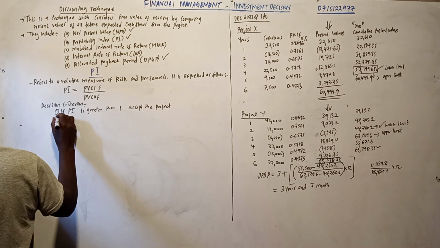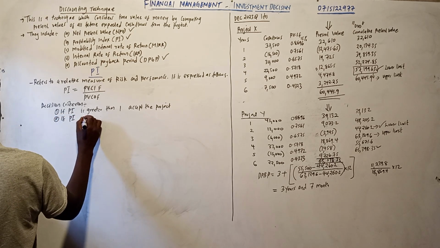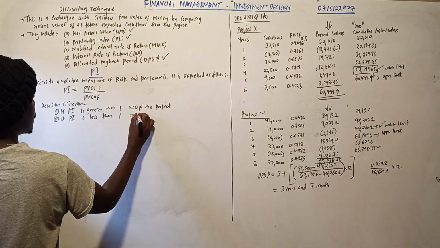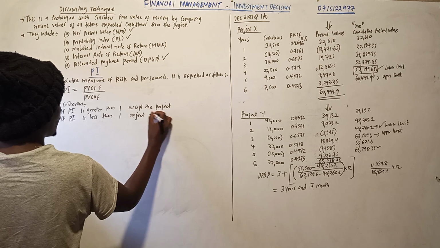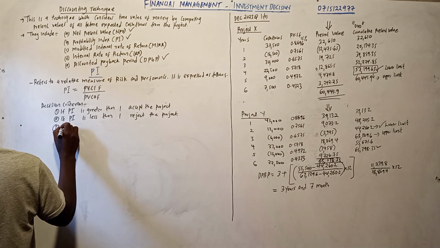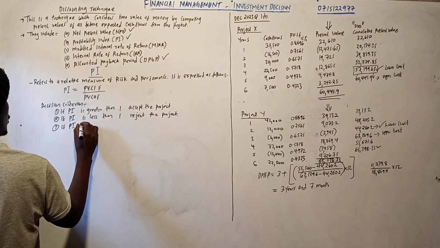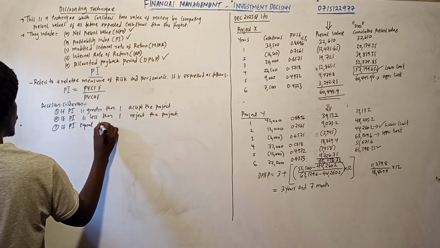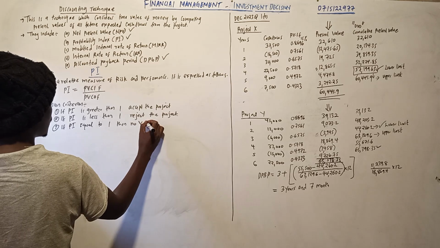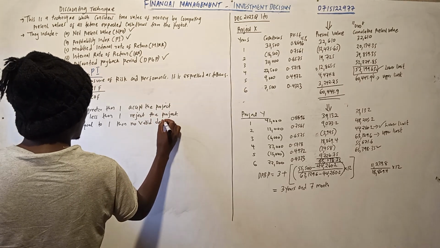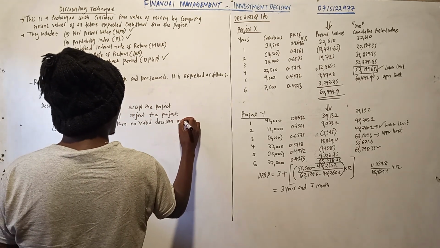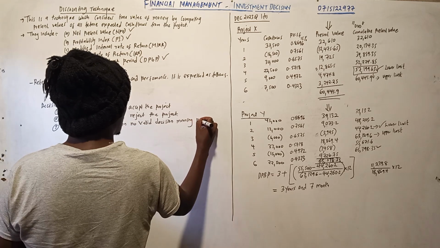Number 2, if PI is less than 1, reject the project. Then number 3, if PI equals 1, then no valid decision, meaning point of indifference.